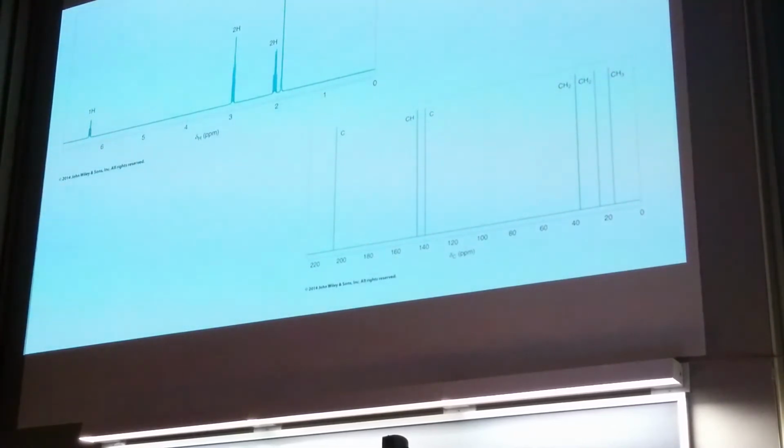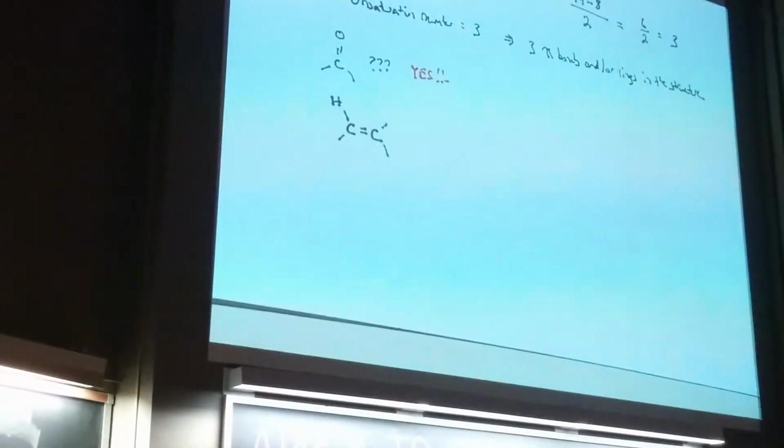Vinylic protons. Protons directly bonded to sp2 hybridized alkene carbons. So I probably have a carbon-carbon double bond where there is just one hydrogen attached to a double bond carbon.